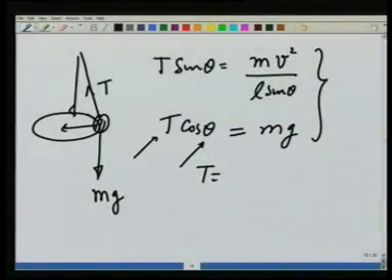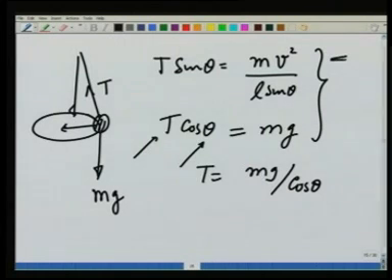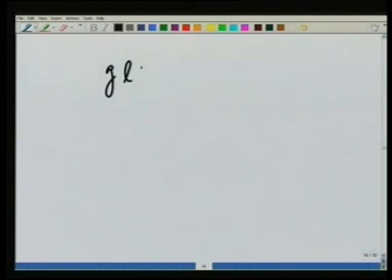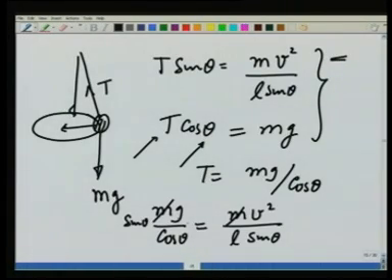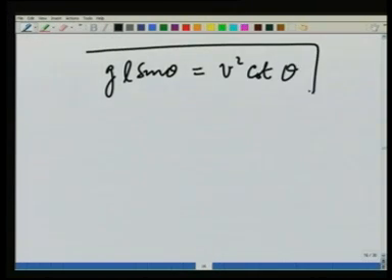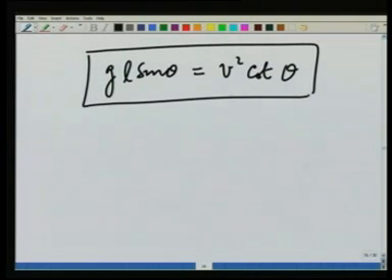From here I get T equals mg over cosine theta, and when we substitute it in this equation, we get mg over cosine theta equals m v square over L sine theta, and there was a sine theta here also. m drops out, and therefore we get g L sine theta equals v square cotangent theta, an equation that we had obtained earlier. However, these equations also gave me T.